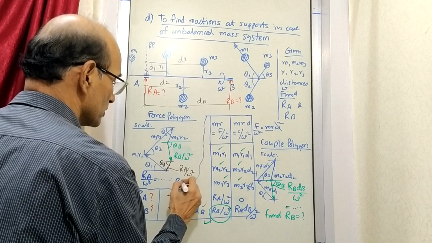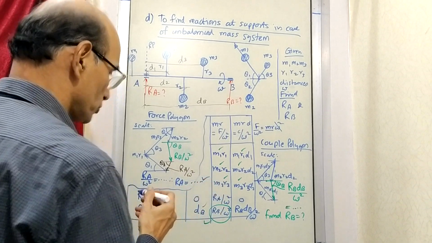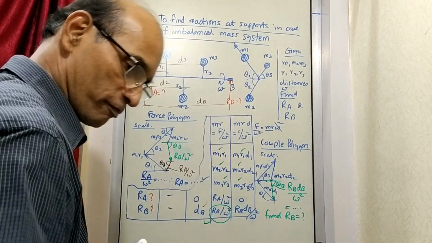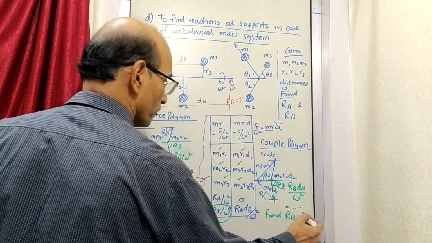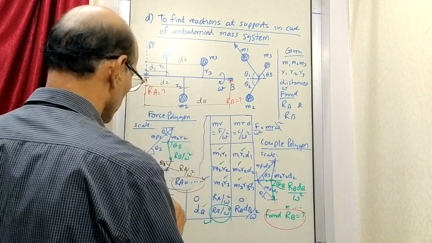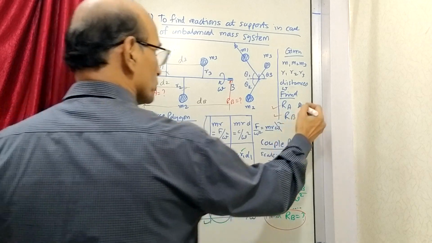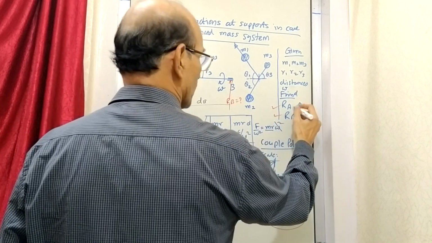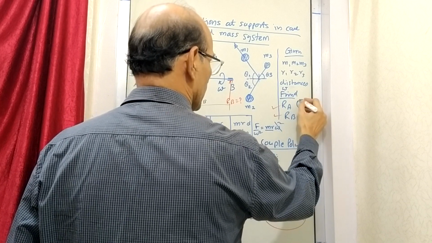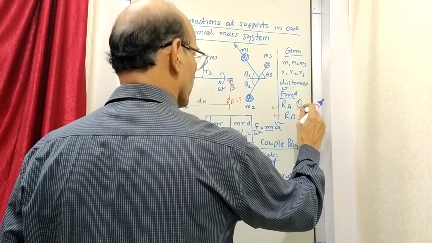Therefore, RA is equal to a certain value which we have found out. So finally we found out RA and we found out RB. So both the required things are found out. Of course, we also have to find out, here it is not written, but you have to find out theta A and theta B, which we have also found out.